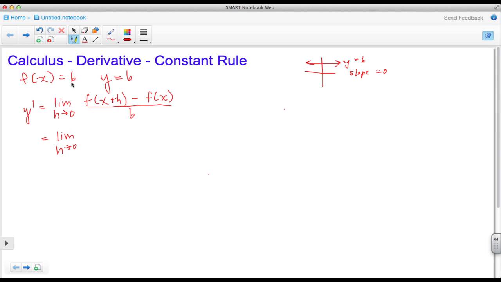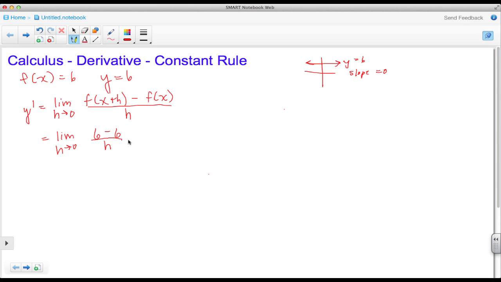Well, if we look at our original function, there are no x variables here, so when we rewrite, it's just going to be 6 minus the original function, and again the original function itself is just 6, and this needs to be divided by h. I detected I made a small error here to start. That shouldn't have been a 6. That in fact should have been an h.